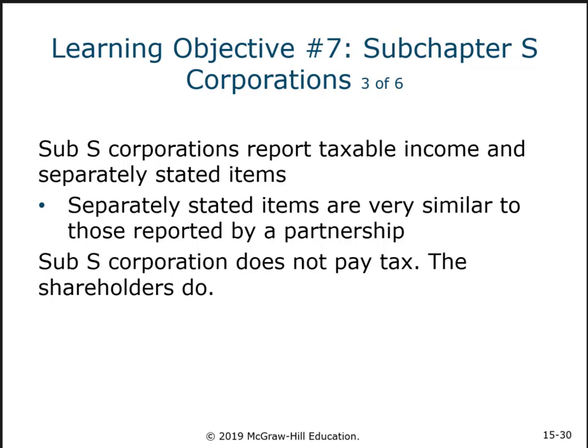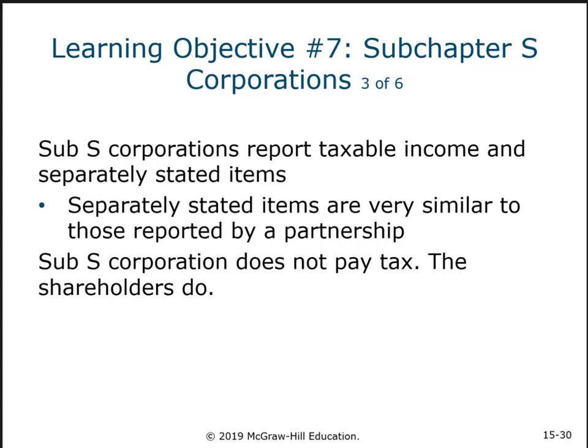Charitable contributions are broken out for an S corporation. The S corporation does not pay taxes. They pass through their income. So they show all the items of income on the Schedule K, and then it gets separated by the percentage shares that each shareholder owns onto their K1.